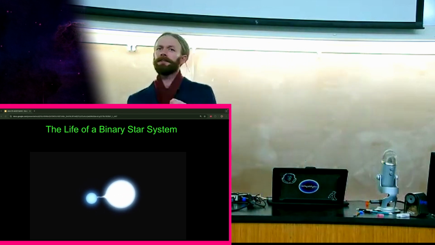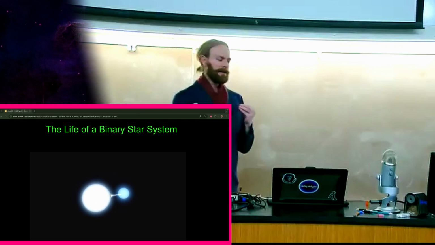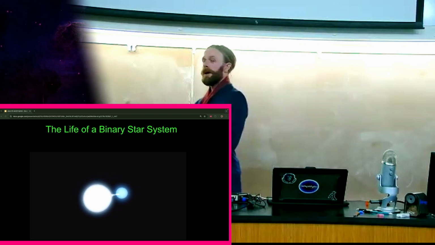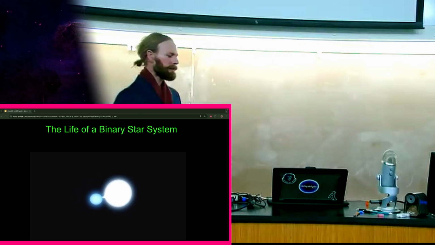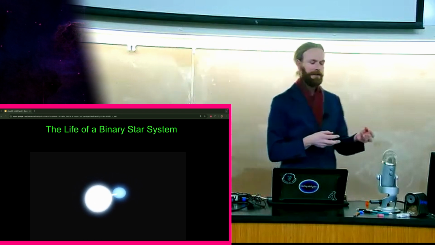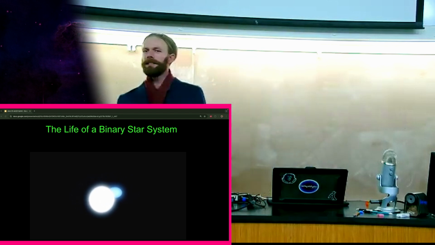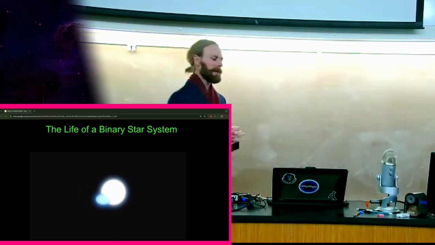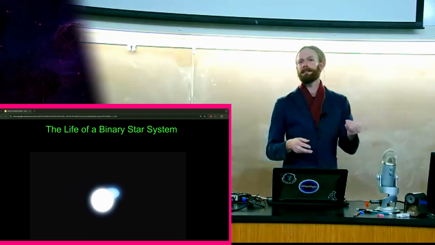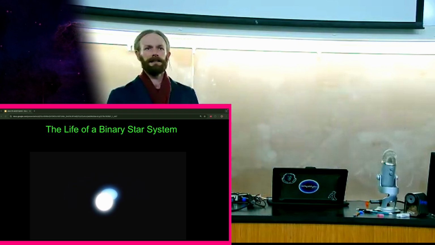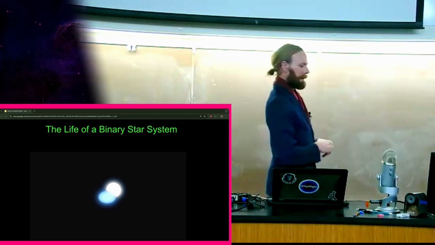Oftentimes, it's very difficult to even see one of the partners. The only thing we know is that a star appears to be orbiting nothing, essentially. And so we have to assume that there's something very heavy there that it's orbiting that we can't really see. Sometimes we can see them, and we call them white dwarfs. Sometimes we can't see what's there, and we call it a black hole, which is quite interesting.